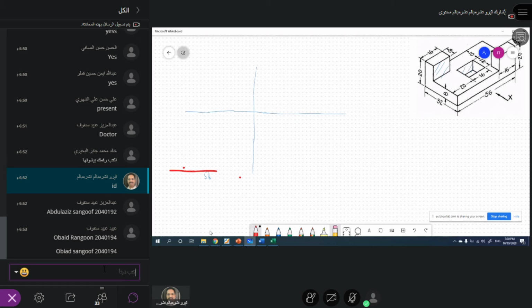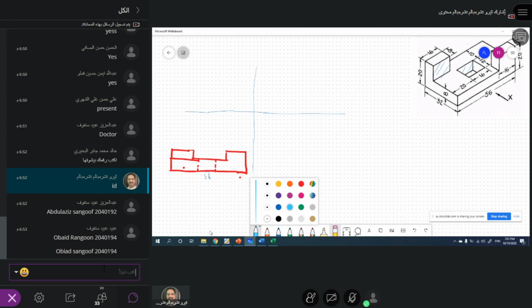The horizontal line. Then here, here. So this should be like this because I can see this surface, and this one, and this is the hidden line.